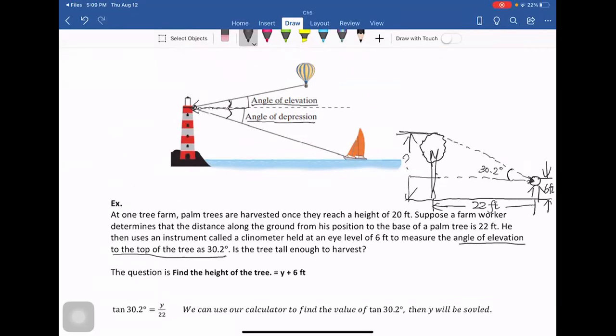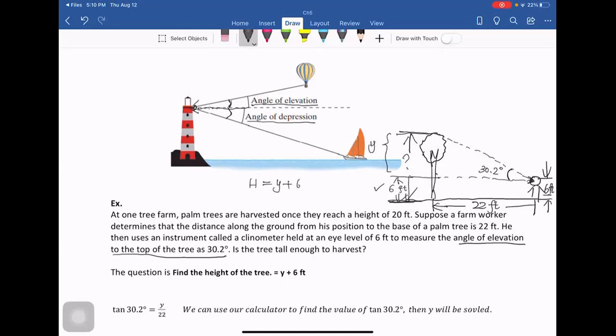And we know his height is 6 feet. So I move the 6 feet to here. This is 6 feet. And the tree's height equals 6 feet plus this part. Assume this part is y. So the height of the tree, I use h, equals y plus 6.